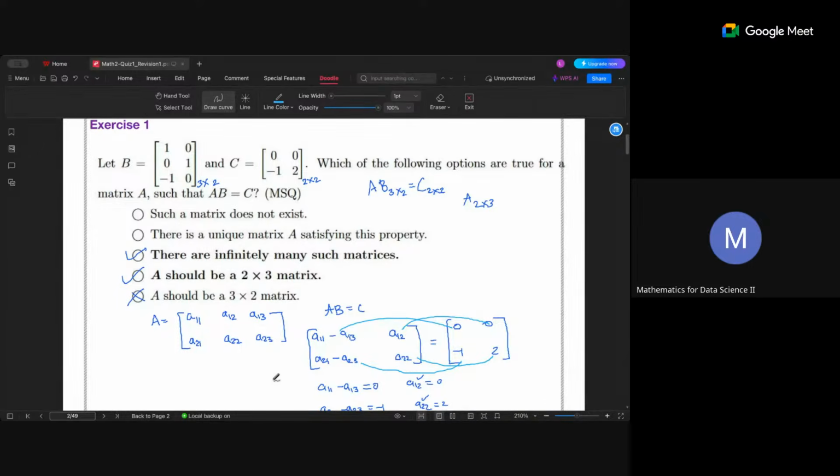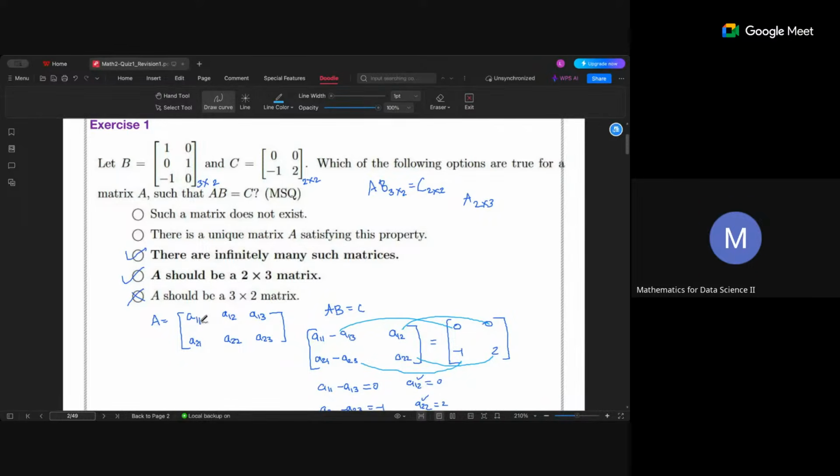Just simple matrix multiplication. How do you do A into B? That is in the question: AB is equal to C is given to you, right? So I am doing A into B, the matrix multiplication. First row, first column gives this first entry.